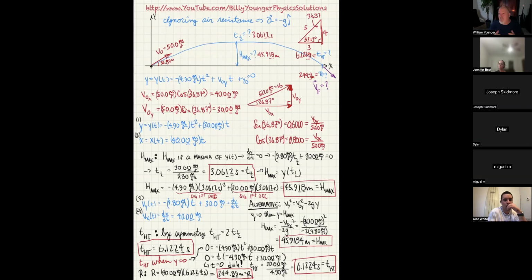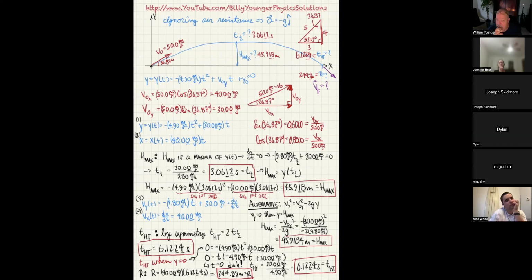Remember, I told you guys that the acceleration should be read as 9.8 meters per second every second. So when you allow the projectile 3.0612 seconds, then in the first second, the velocity is going to decrease by 9.80. In the second second, it's going to decrease by another 9.80. In the third second, it's going to decrease by another 9.80.